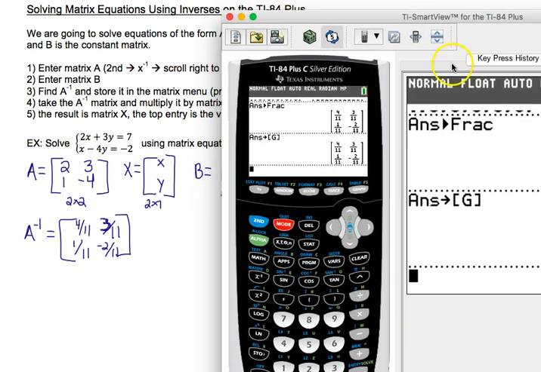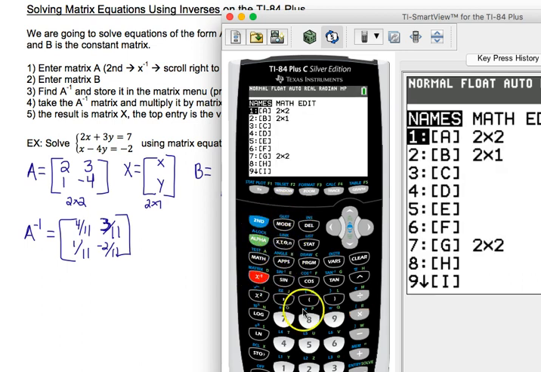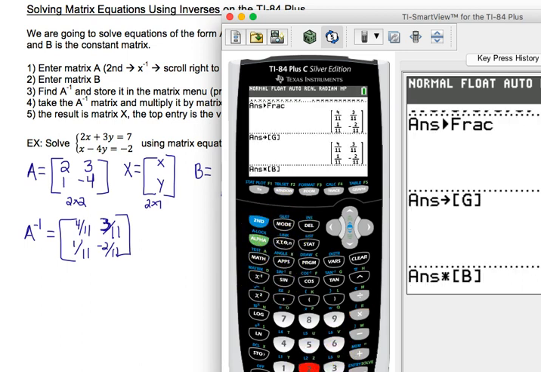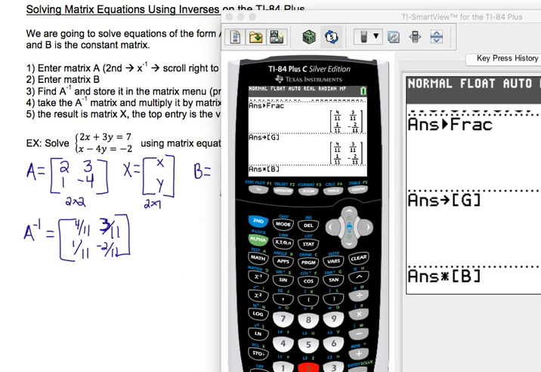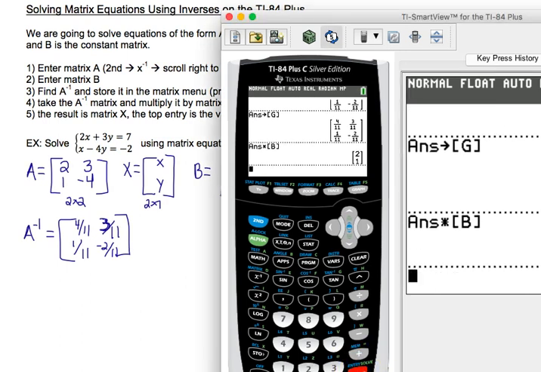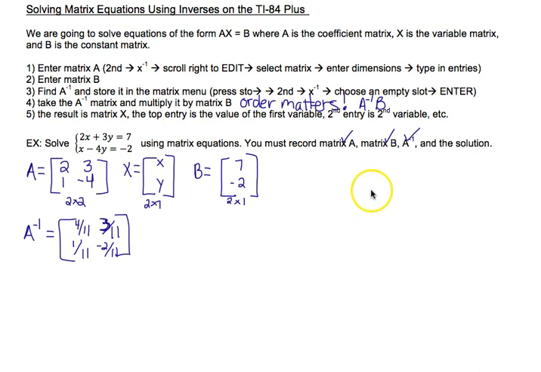So we're going to take A inverse, which is matrix G. I'm just going to press answer times, and now I need to do matrix B, which is choice 2, and then I can press enter. There we go. Now it's telling me that my solution matrix is this one, 2, 1.